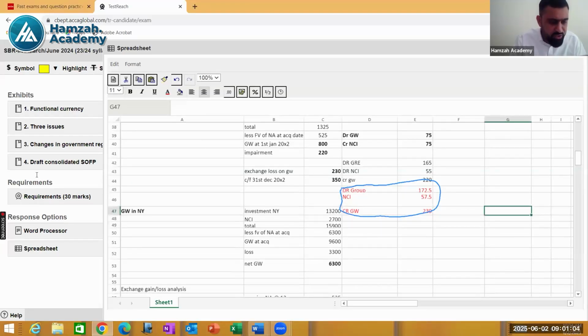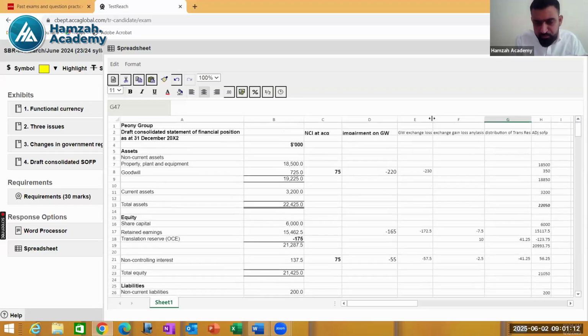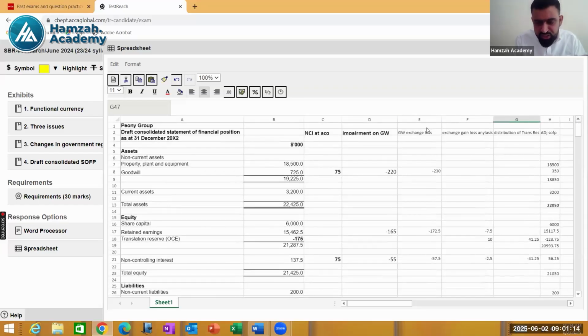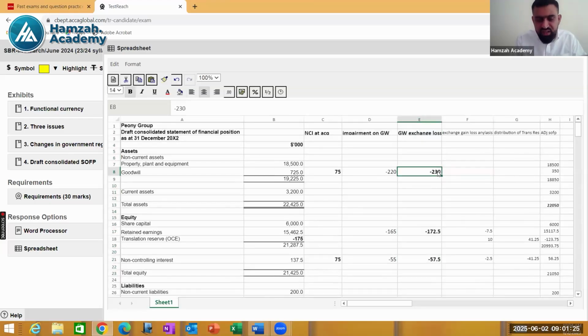And now if I show you the impact of this entry in the pre-populated spreadsheet, you can see here goodwill is credited with 230.